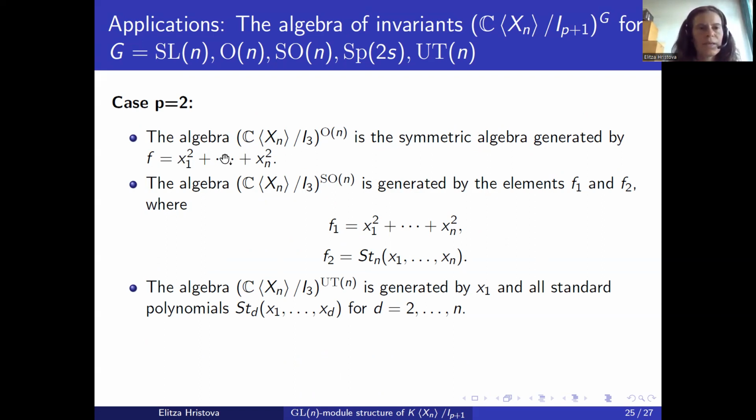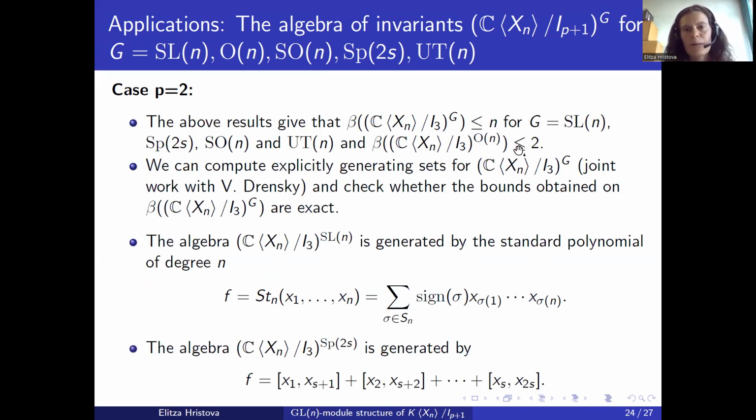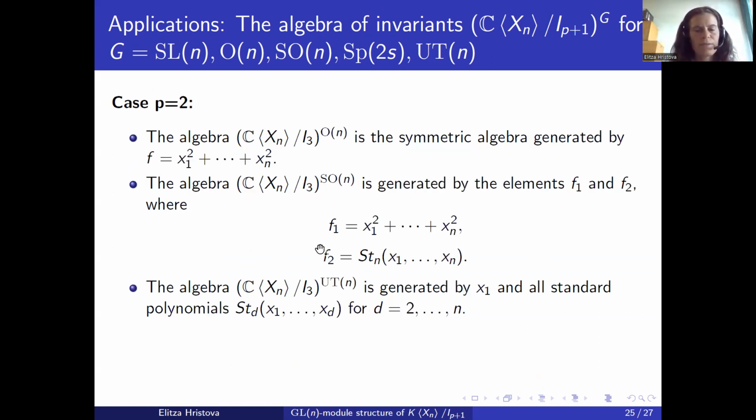So in this case, we again have just one generator of degree 2, and the bound is obtained, because the bound is again 2 in the case of O_n. For SO_n, we have 2 generators of the algebra of invariants: the standard polynomial of degree n and the quadratic form. So in this case, we again have a generator of degree n, and the bound is again obtained.